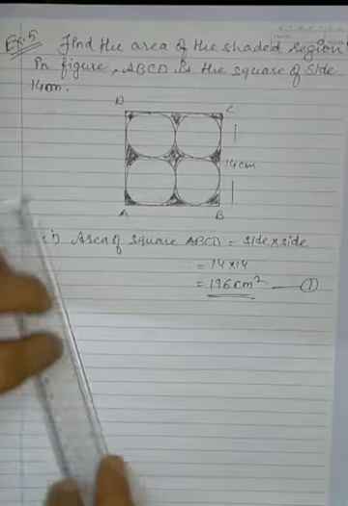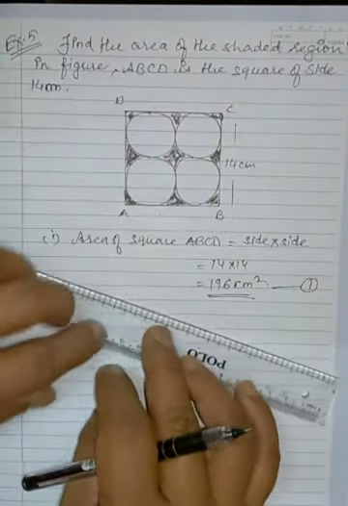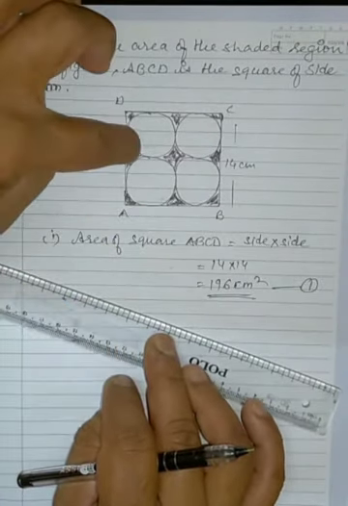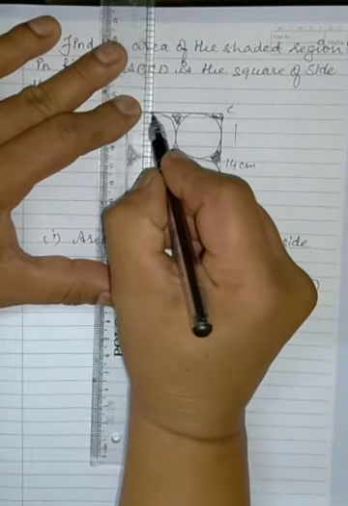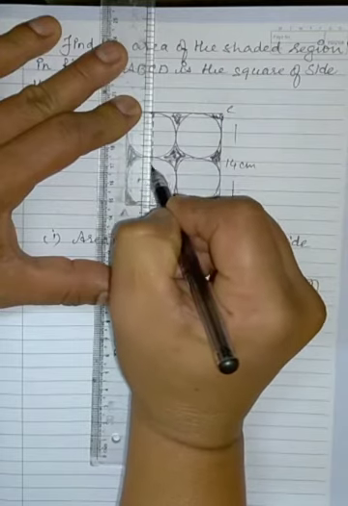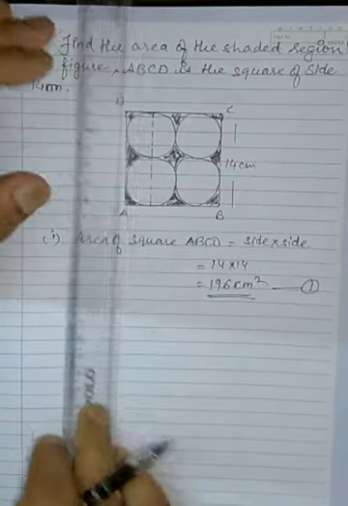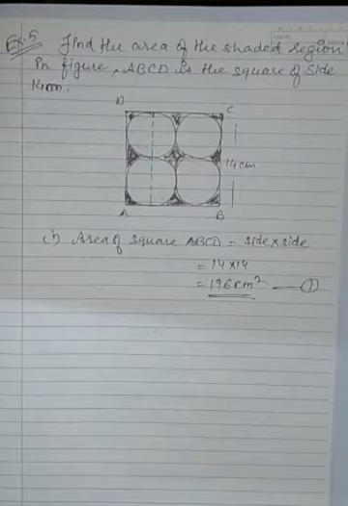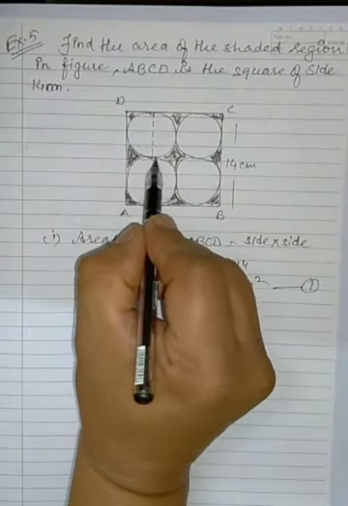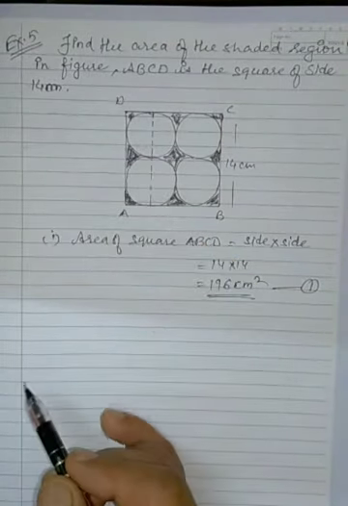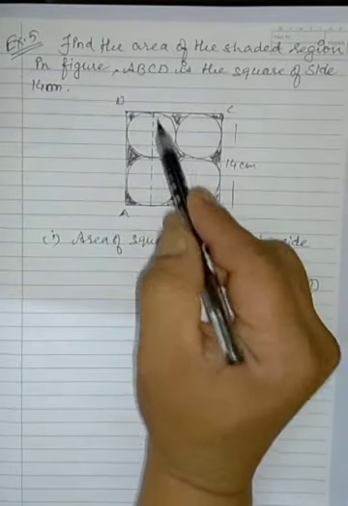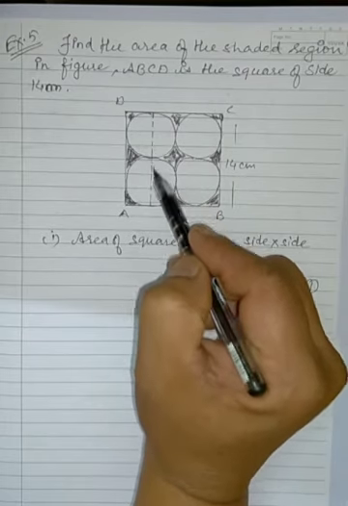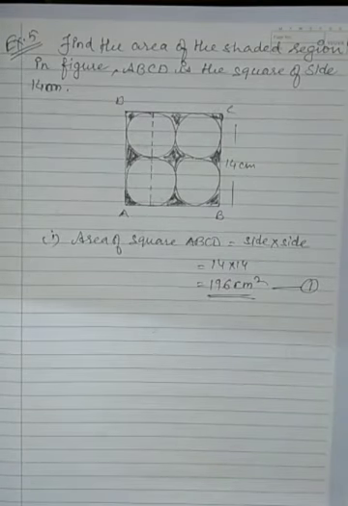So if we consider any 2 consecutive circles, either these 2 or these 2, and draw a line parallel to the square field, then we see that both the circles, as they are of equal radius, divide this 14 centimeter side into 2 equal parts, 7 and 7, which work as the diameters of the circles.